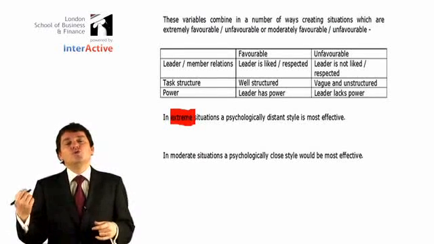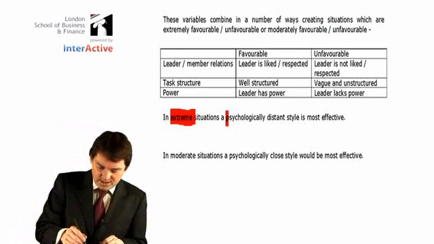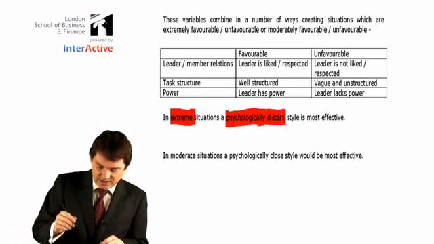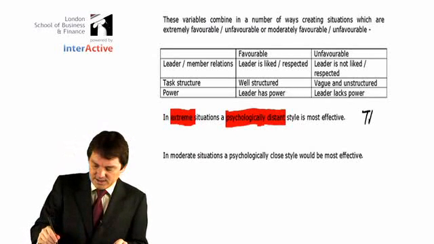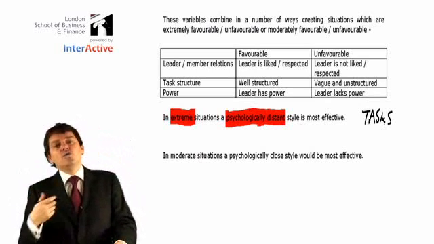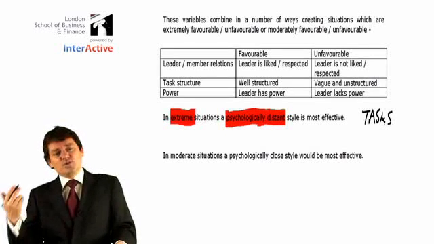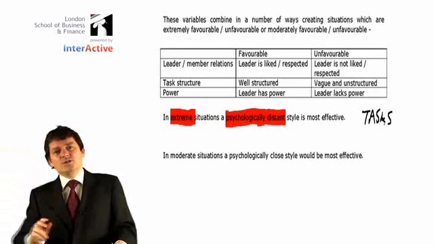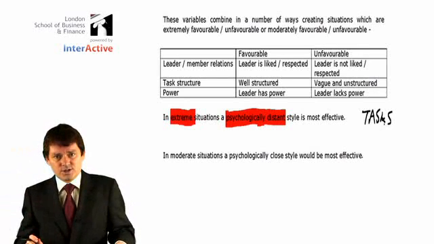For example, you don't have a lot of power over the workers. The best thing to do is to adopt a psychologically distant style. What that means is basically focus on the tasks. So, I know that you don't respect me. I know that I don't have a lot of ability to influence you. Here is the task. Please get on and do it. I'm just going to get out of the way. So focus on the tasks.